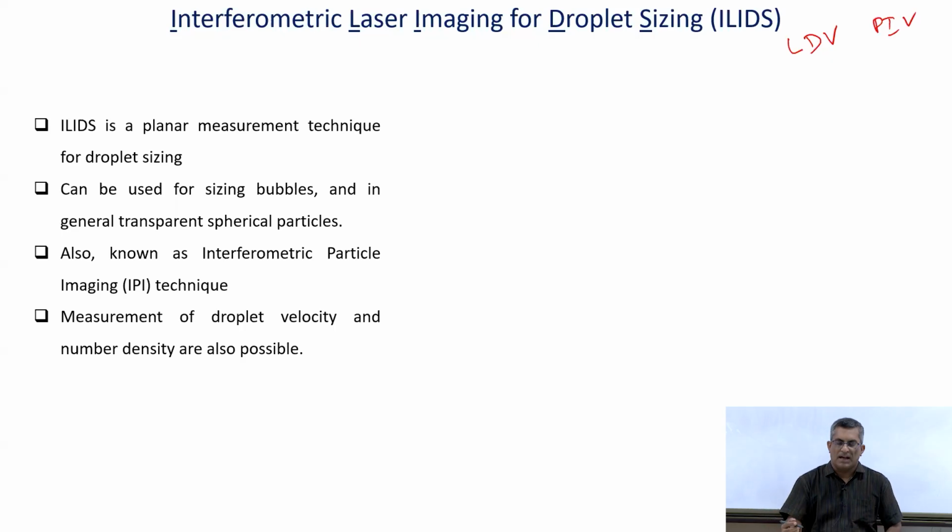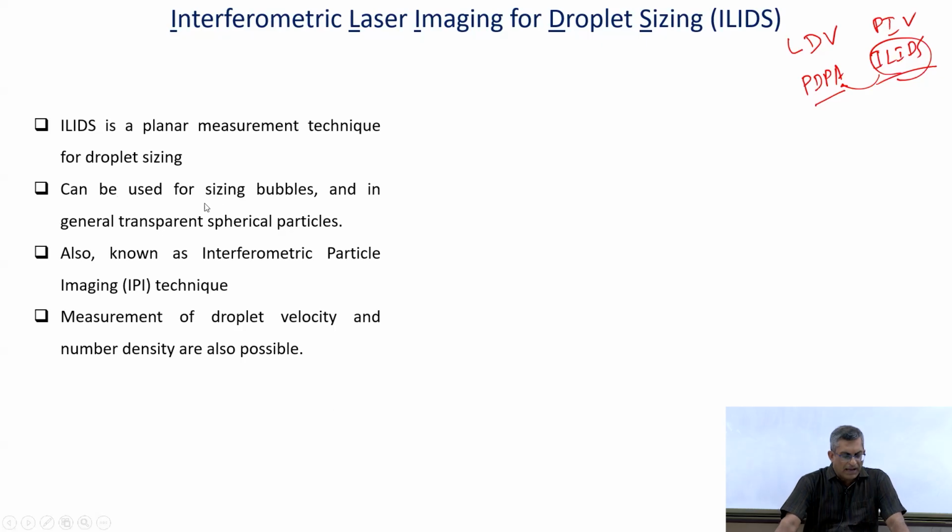Analogous to that, we have PDPA, which is a point measurement technique for measuring particle size, and ILIDS is a planar technique for measuring particle size. So this is analogous. However, the principle of application of ILIDS is very much different from PDPA, although both are based on collecting Mie scattering images from the particle.